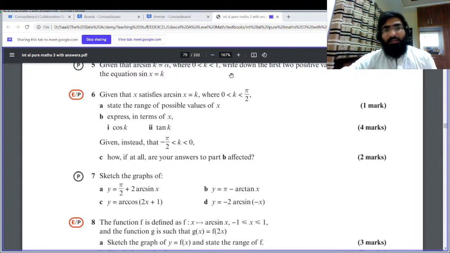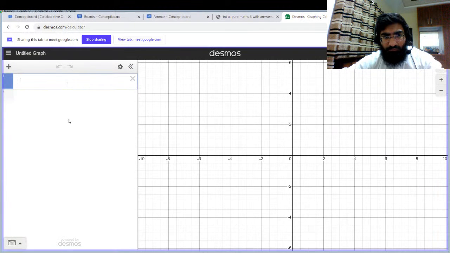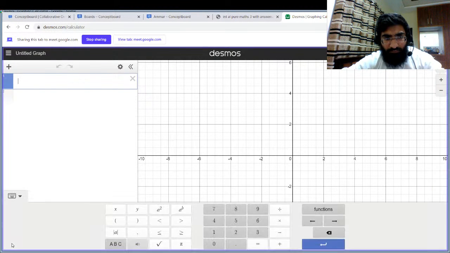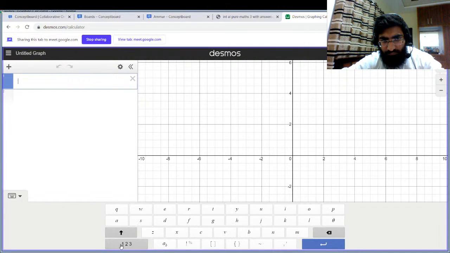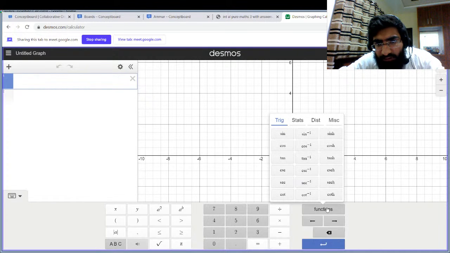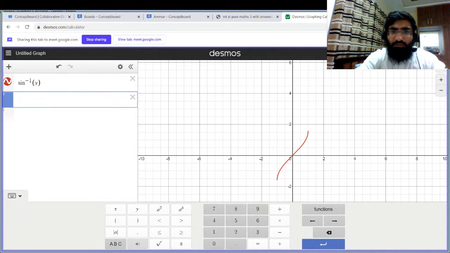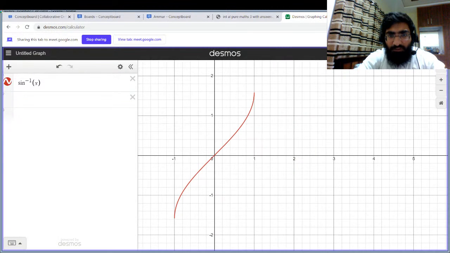For sine inverse of x, let me show you. In functions, we are talking about sine inverse of x. This is what sine inverse of x looks like.